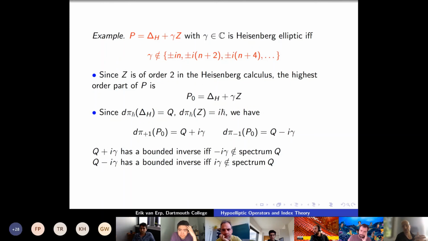Can I ask something? Sure, of course. Is the fact that we consider the Z also as the same order of the operator related to the fact that the dilations in the Heisenberg algebra are not homogeneous of degree 1, but go like 1, 1, 2? Exactly. So in general, if we consider general nilpotent classes, we would have to look at that, and we could say which is of higher order.